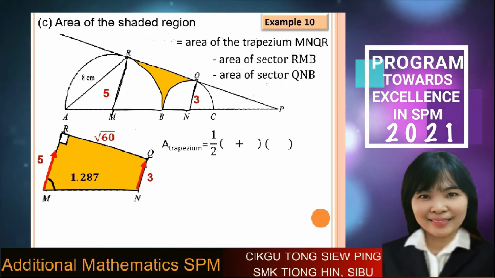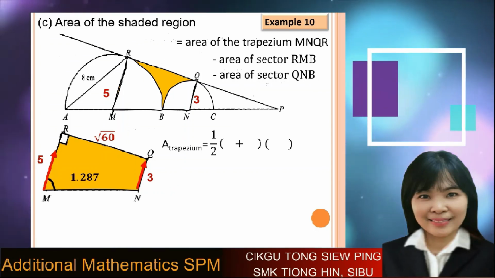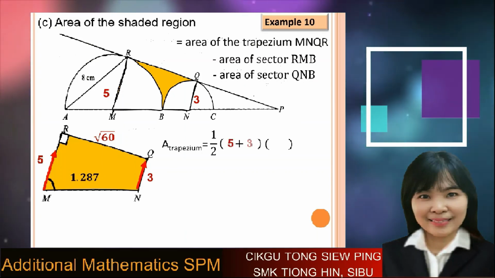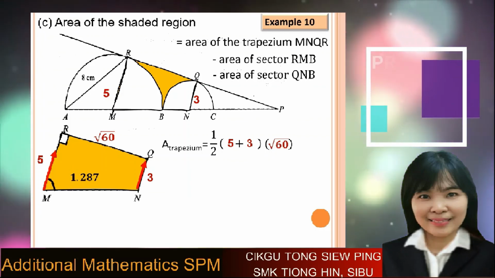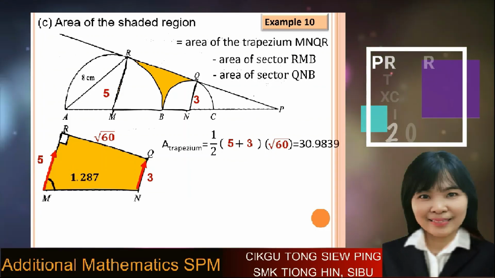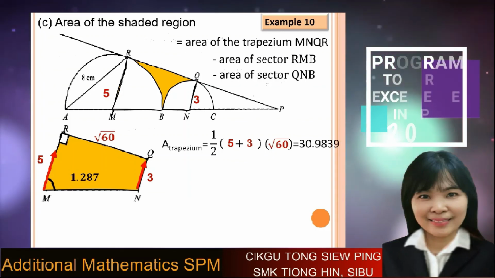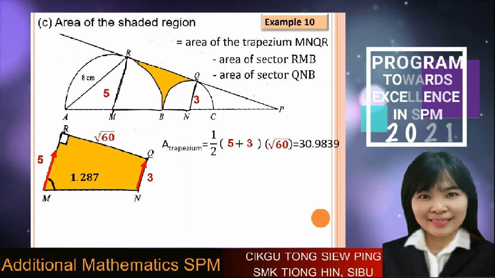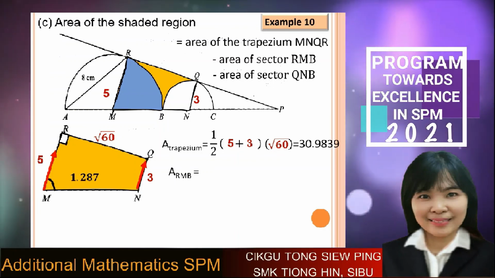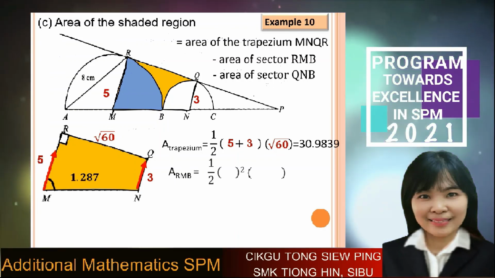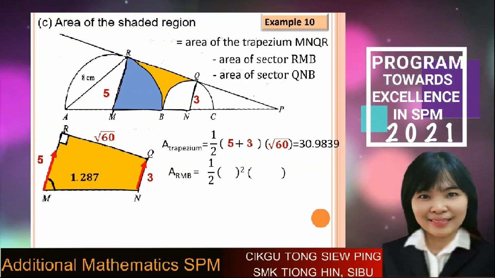That is 1/2 the sum of the two parallel lines, that is 5 plus 3, multiplied with the height, that is the square root of 60. Then we get 30.9839.